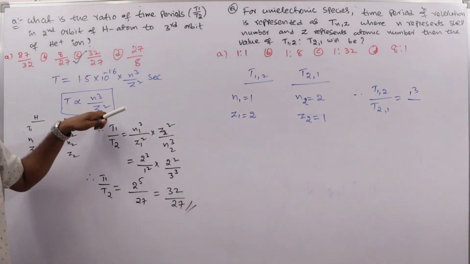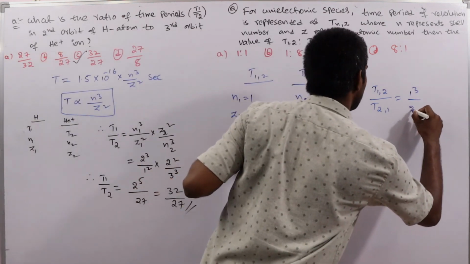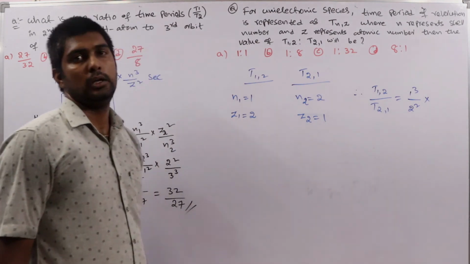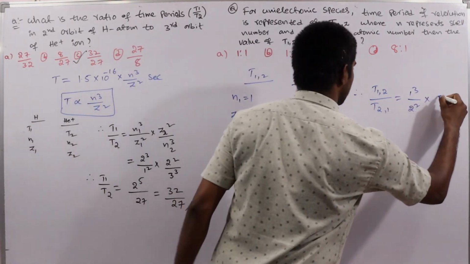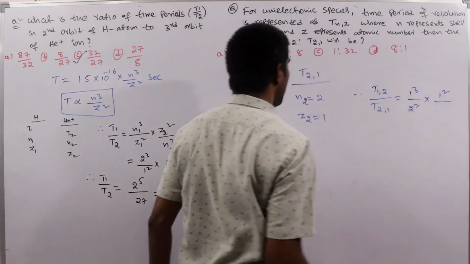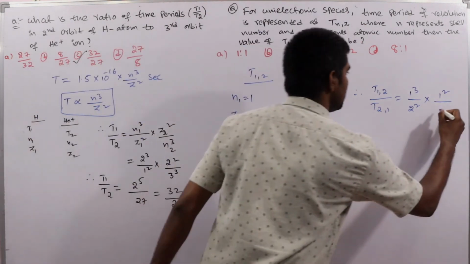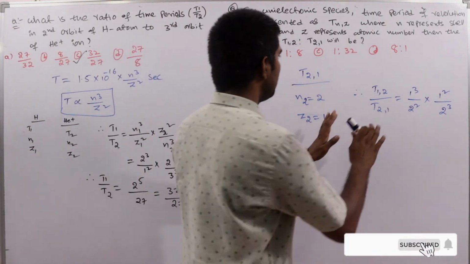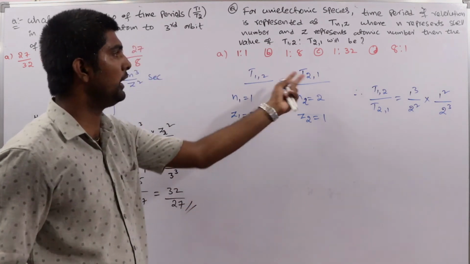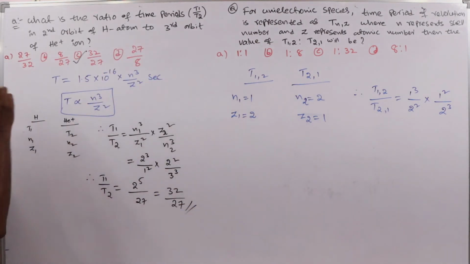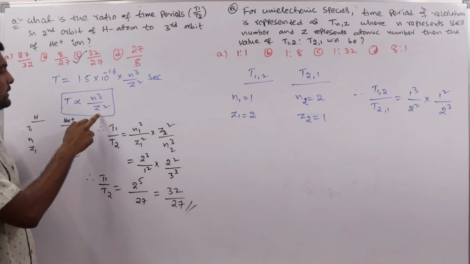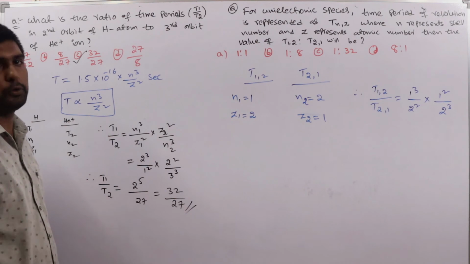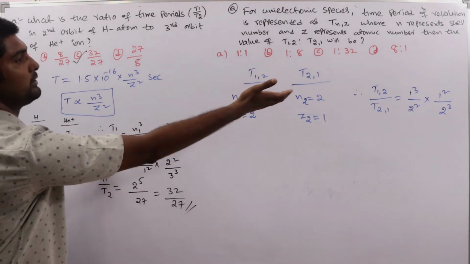Okay, yes or no? Here we get Z1 square, that is 2 square, into, for this one we will get Z2 square, that is 1 square by N2 cube, that is 2 cube. Okay, understood this one? Very simple, nothing in this one. T1 comma 2 by T2 comma 1, so here we get N1 cube by Z1 square into Z2 square by N2 cube, same like this one only.